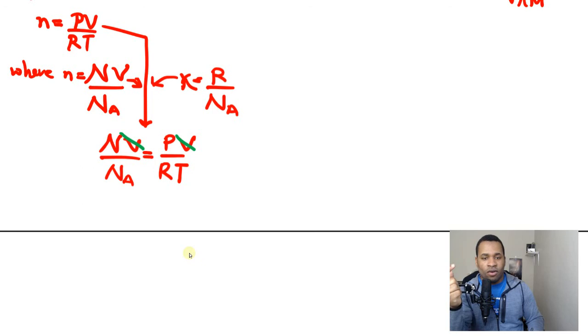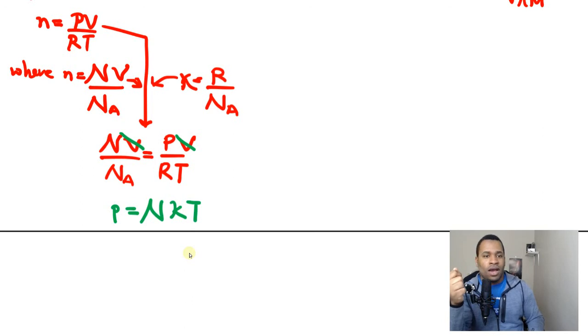And so therefore, once we have this taken care of, we know that our next one is k is equal to R over Na. So therefore, if we remove our Na and put it for k, which is in this case R, our gas constant, we're going to have our pressure to be equal to the number density multiplied by our particular Boltzmann's constant multiplied by our temperature.